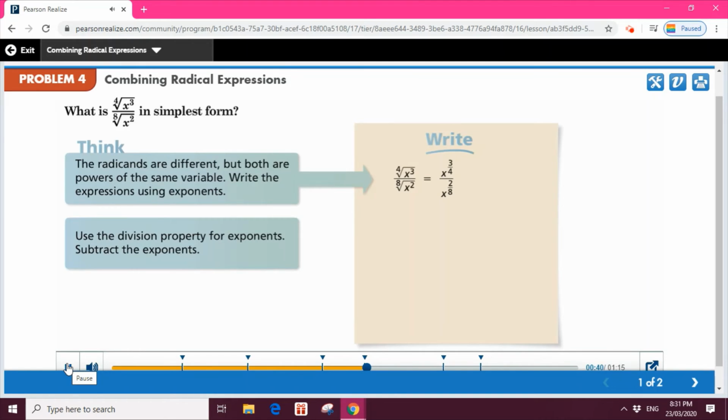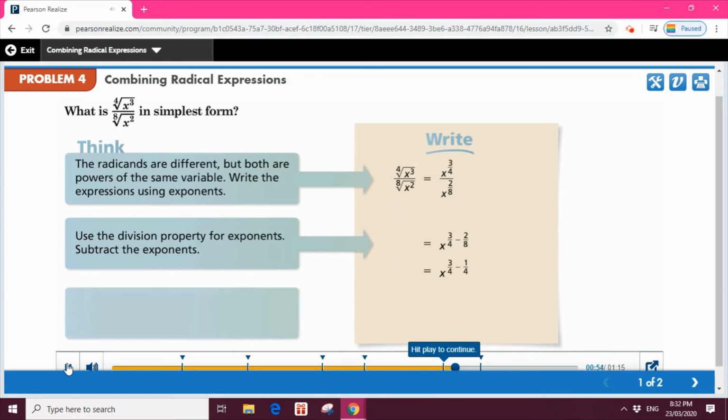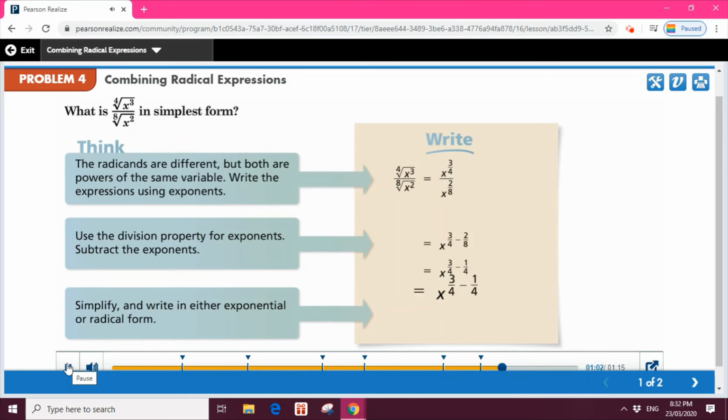Subtract the exponents. 2/8 reduces to 1/4. Simplify and then write in either exponential or radical form. So, the simplest form of the original expression is x to the 1/2 power, or the square root of x.